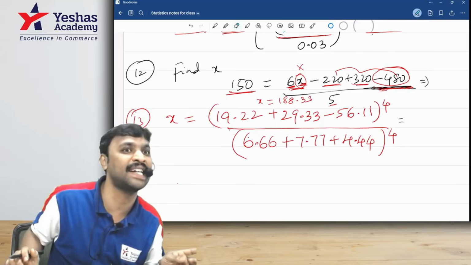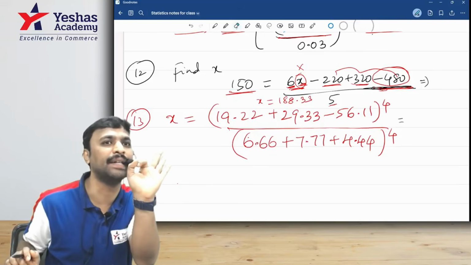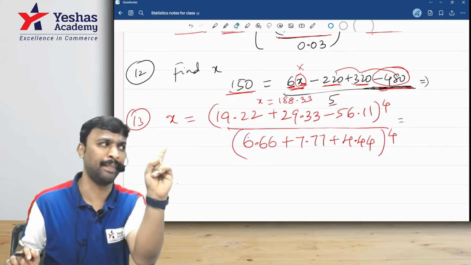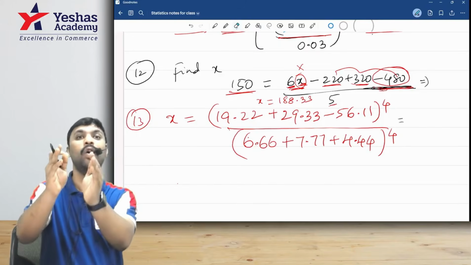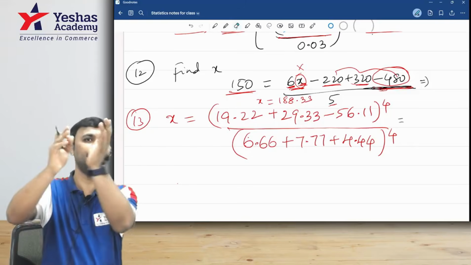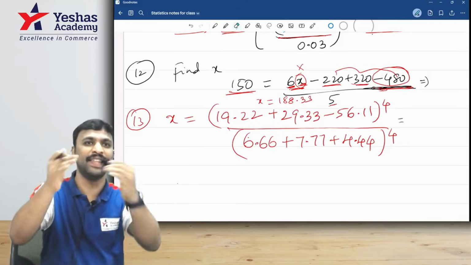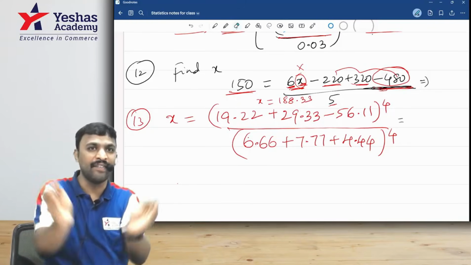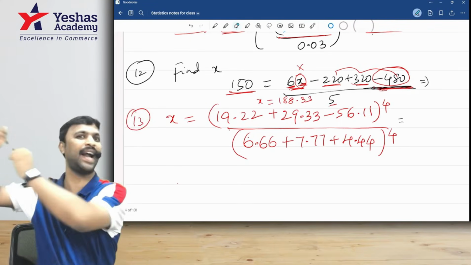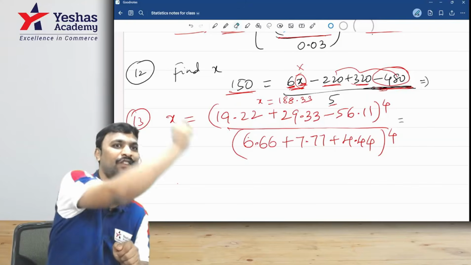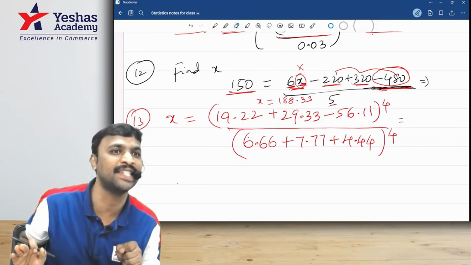I'll repeat, guys. What to transfer first is everything multiplied with something, or everything divided with something, or everything added with something, or everything subtracted with something. That is only first transferred on the other side.